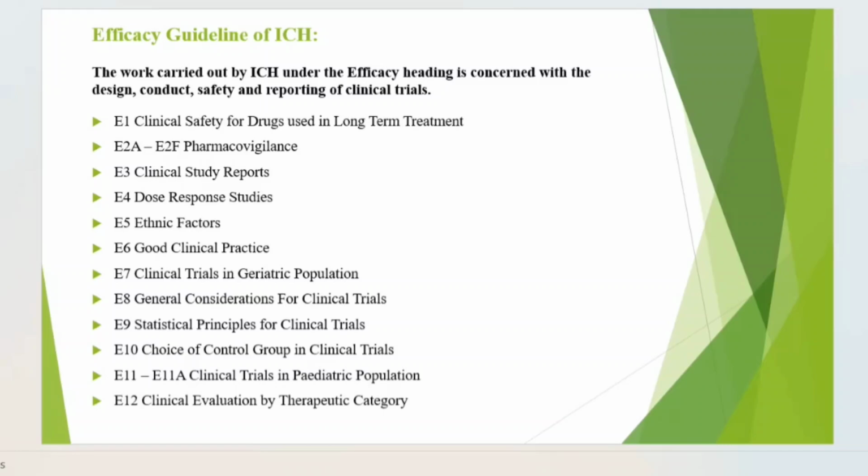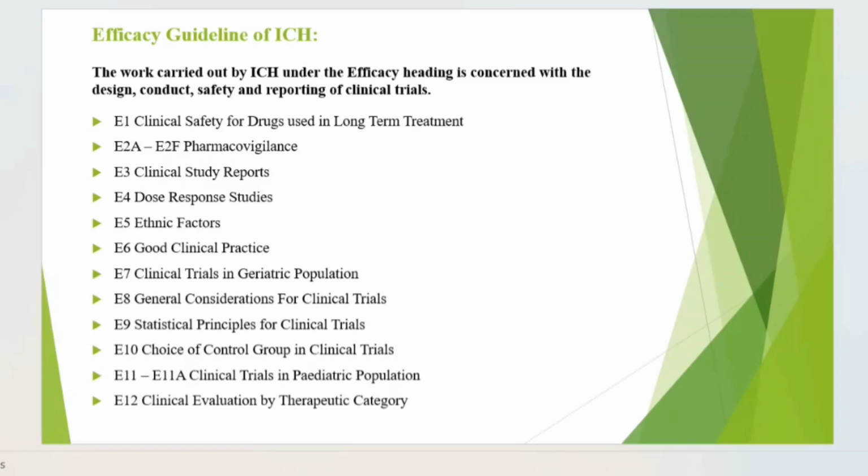And in this way, some companies are now performing the BE studies, because maintaining a BE site of their own is a very high cost. So that's why most of the companies are now taking the help of CROs for this.